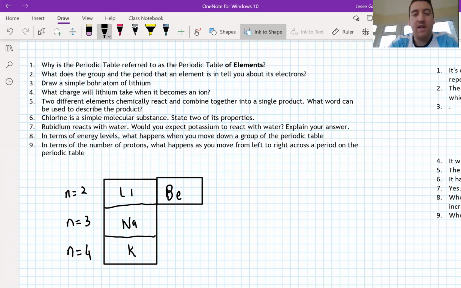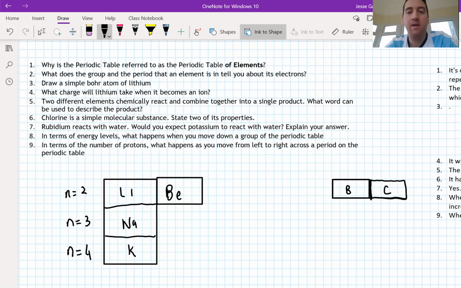And then there's a big gap in the periodic table. If you take a look at your periodic table, there'll be a big gap. There won't be any other elements in the N equal to 2 energy level until you get over to here. The next element here is boron. And the next one is carbon.